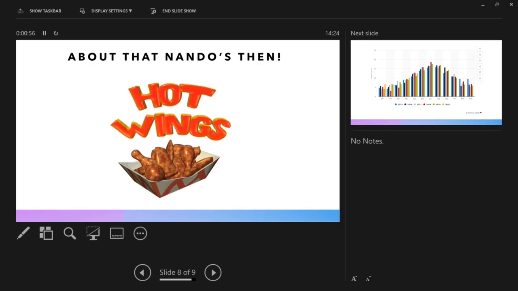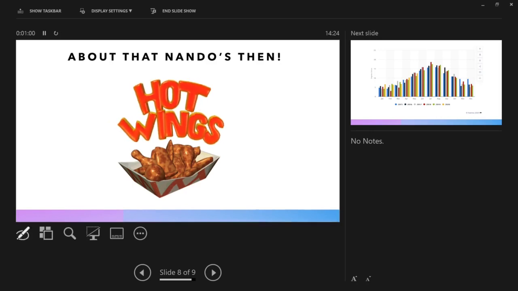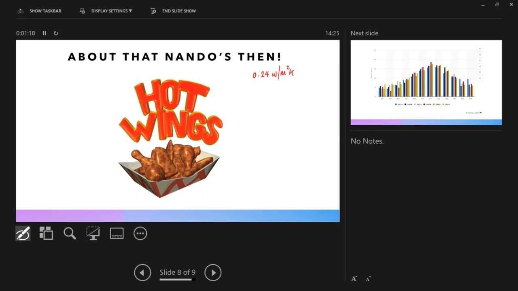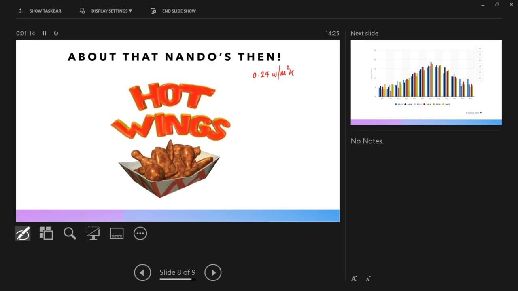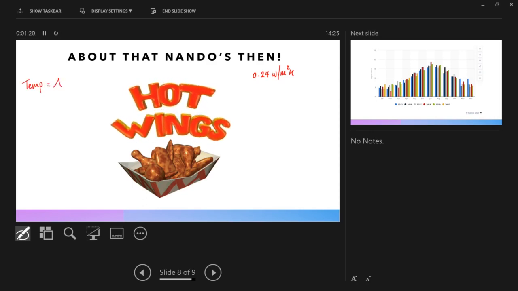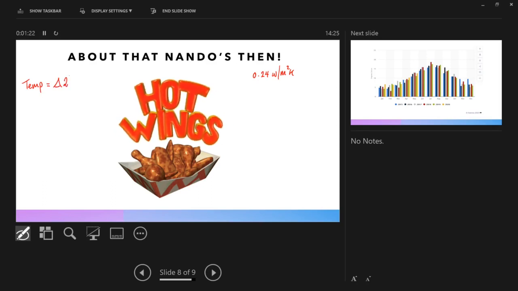If we take the answer of 0.24 watts per meter squared Kelvin per degree difference, let's suppose the temperature difference is delta T equal to 2 degrees.